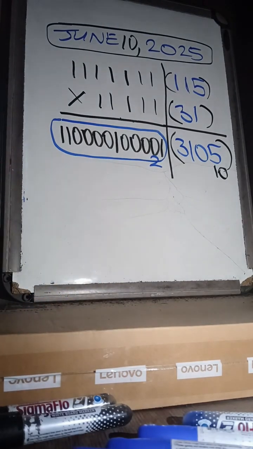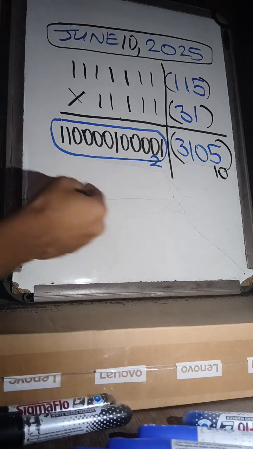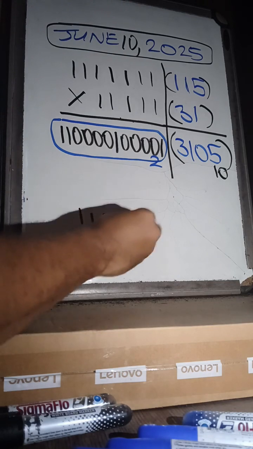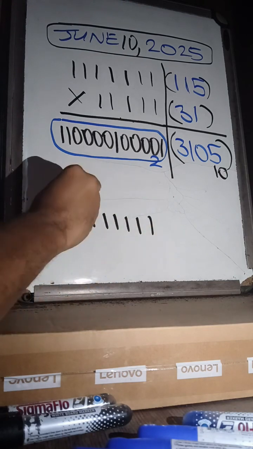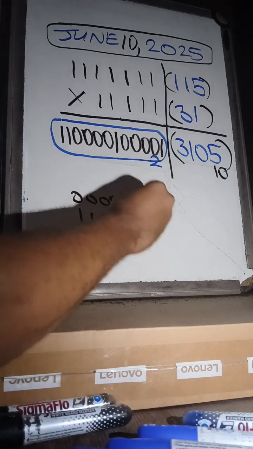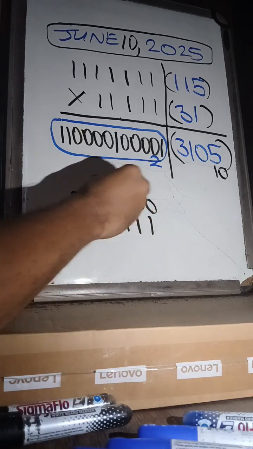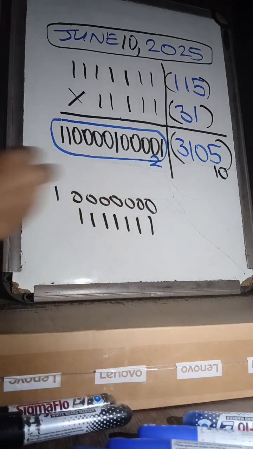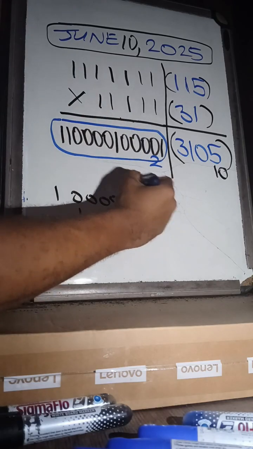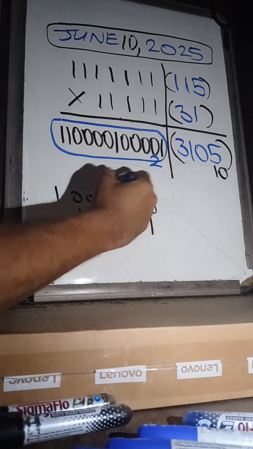So now, similarly, how many ones up here? 1, 2, 3, 4, 5, 6, 7. So let me see now. 1, 2, 4, 8.